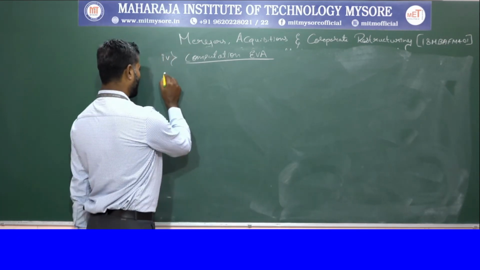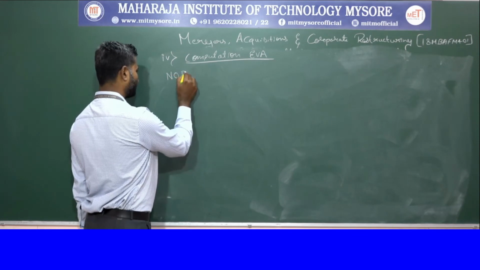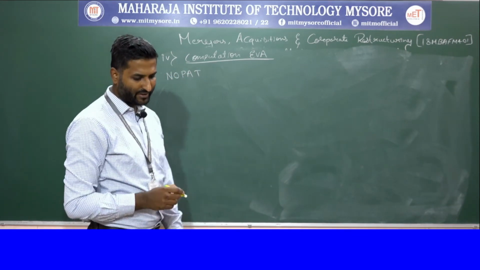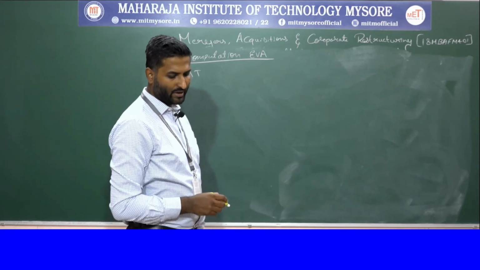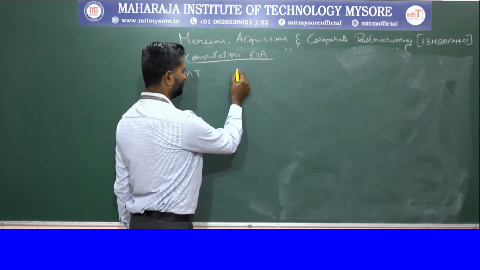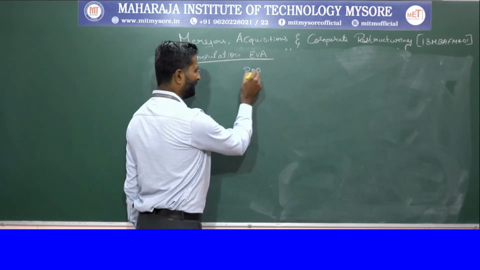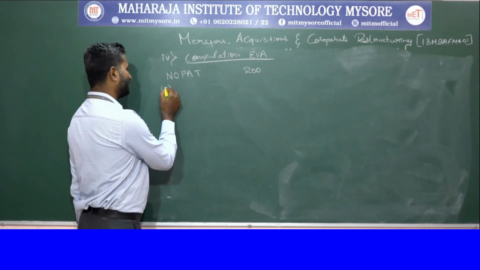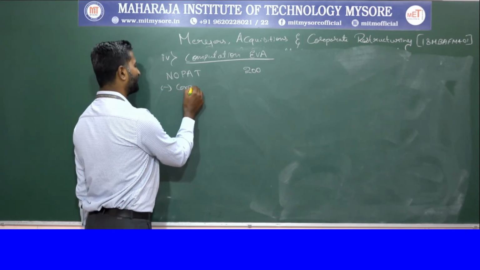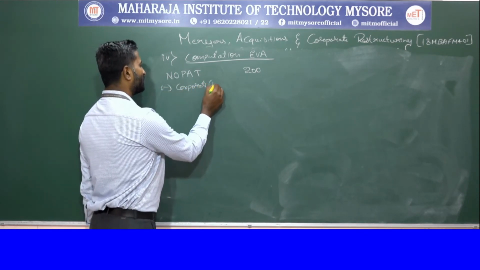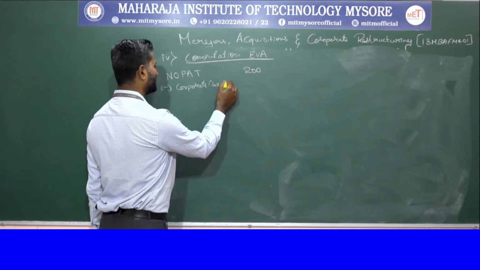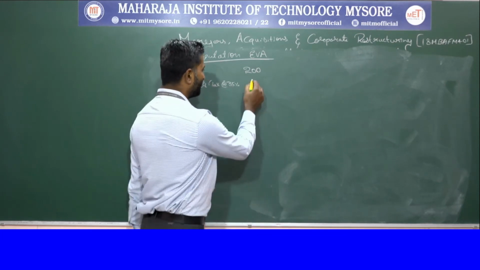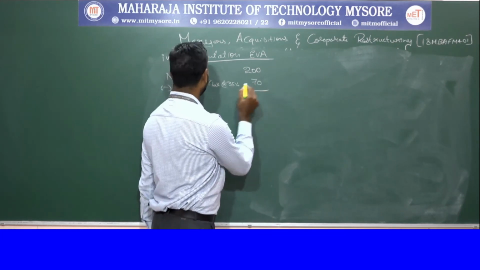Here we require to take NOPAT, net operating profit after tax, or you can call it EBIT. It is given in the problem as 200, and from that we require to deduct the corporate tax. Corporate tax at 35% is given in the problem. So 200 into 35%, we got 70 lakhs.